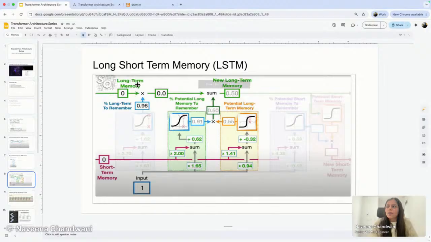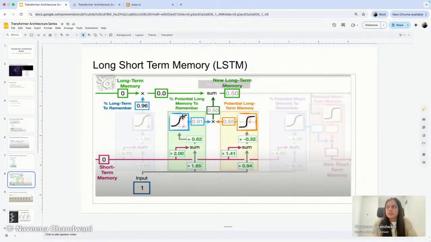So it will fractionize your existing long-term memory. So this is some output, 96% of your long-term memory, and that moves forward. But as you see, you no longer have those weights on this path, so we will not see that explosion happening as much.